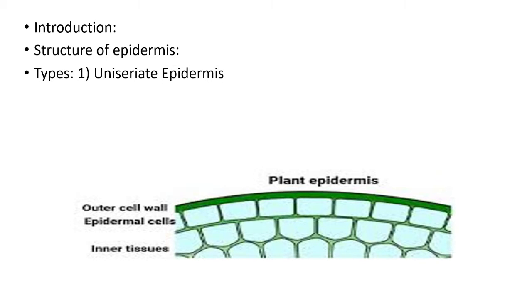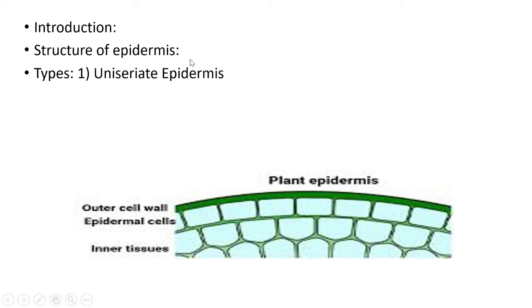Epidermis is a tissue that adjusts itself to the surroundings. It protects the inner tissues from adverse external factors like high temperature, desiccation, mechanical injury, pathogen attack, and infection. The epidermis may persist throughout the plant's life, or in some cases it may be replaced by periderm when the older epidermis becomes inactive.